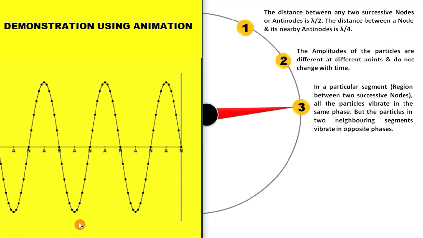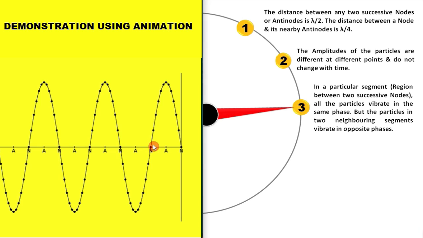see in this diagram you can clearly see between two nodes each and every particle is in the upward direction, means they all have the same phase, that is written here. In a particular segment, region between two successive nodes, all the particles vibrate in the same phase. Here you can compare from this node to this node, each and every particle is vibrating in the upward direction.